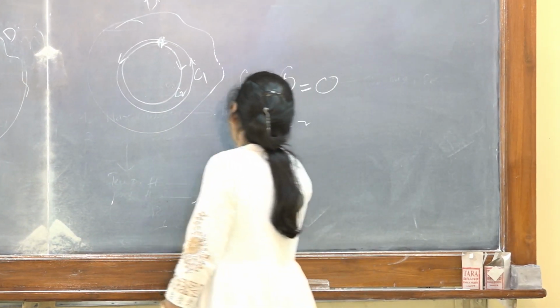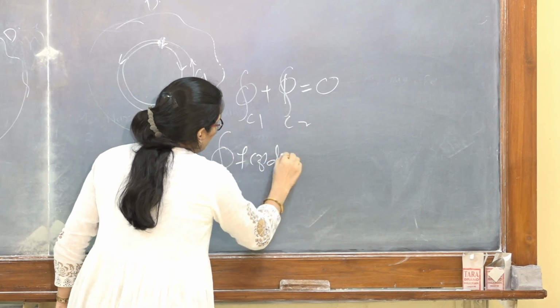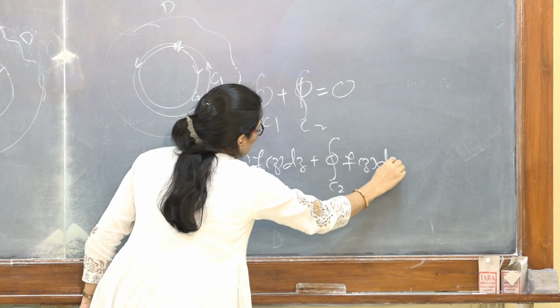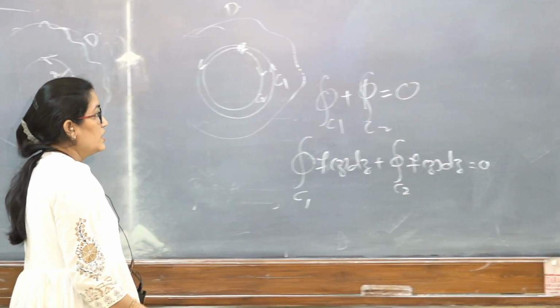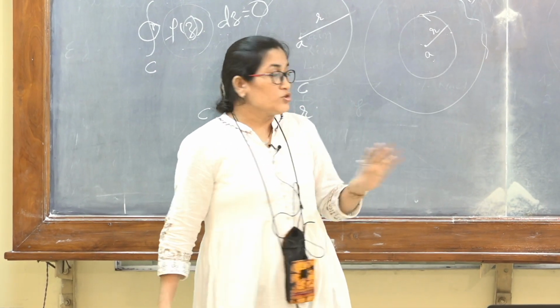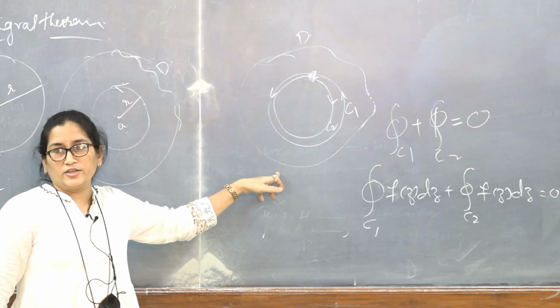That is, if I write it more clearly, integral over C1 f(z) dz plus integral over C2 f(z) dz is equal to 0. It's not only in the case of one or two circles, you can extend it. So this is for a simply connected domain and this is for a multiply connected domain.